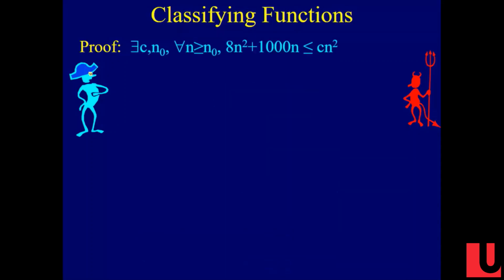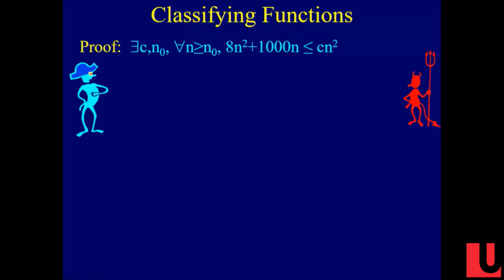So just to do a concrete example here. We all know that 8n squared plus 1000n is big O of n squared. You know that. Why? Because the 1000n is low order and you drop it. And then the 8 is a multiplicative constant, so you drop it.